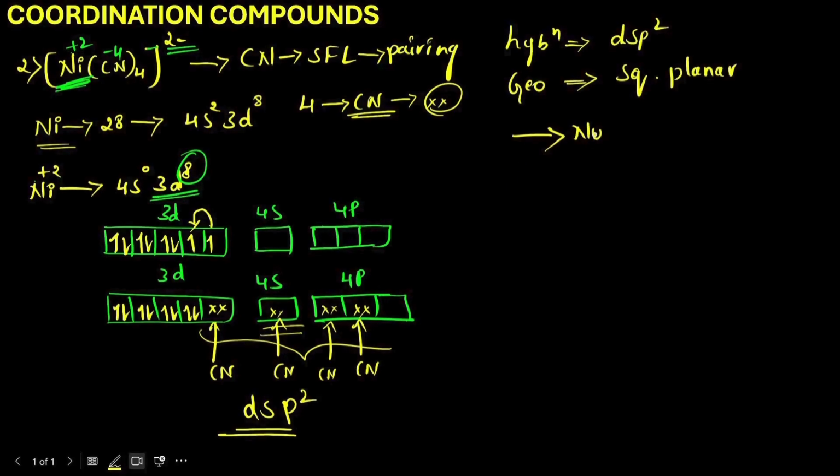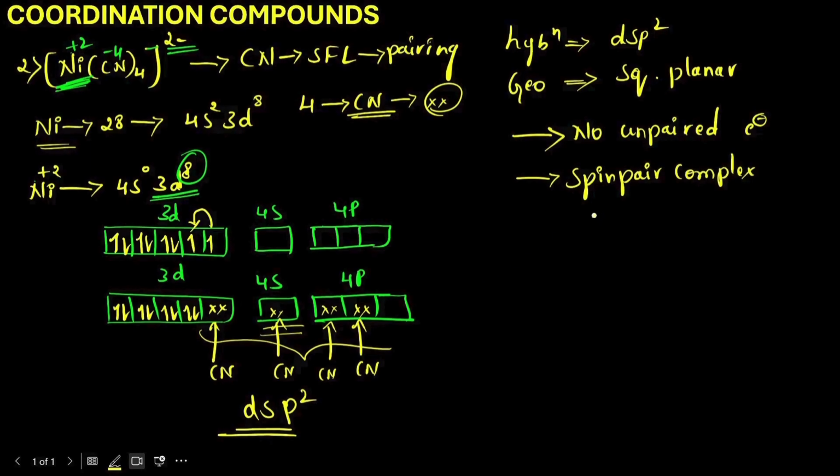Here we have no unpaired electrons. Therefore the complex is a spin paired complex, which is also called a low spin complex.